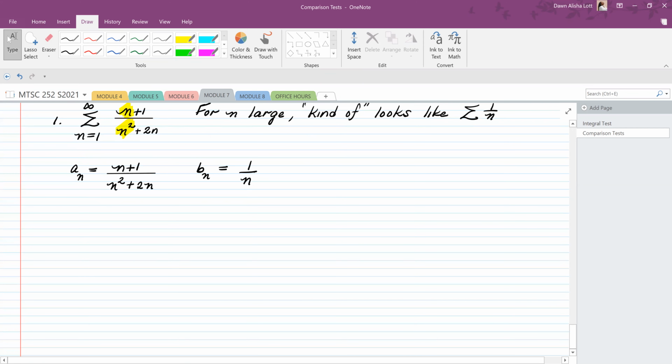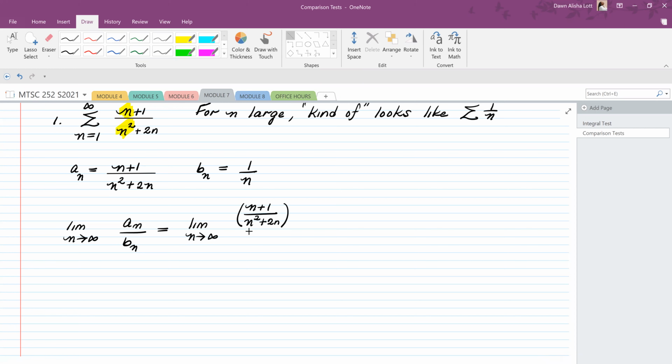So now what I need to look at is the limit as n approaches infinity of an divided by bn. So that is the limit as n approaches infinity. An is n plus 1 over n squared plus 2n, and bn is 1 over n.